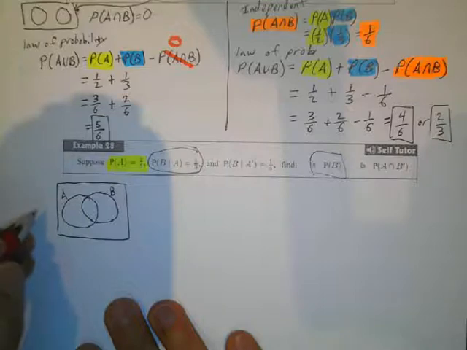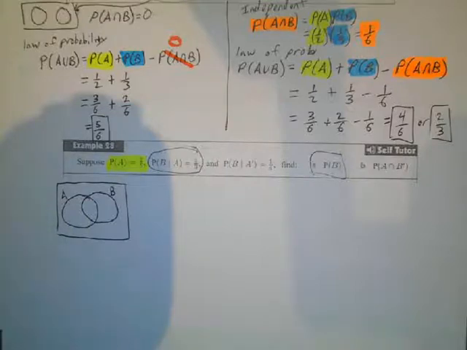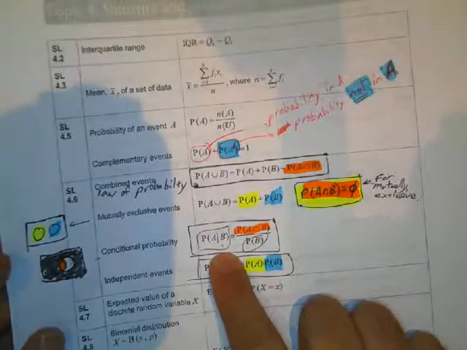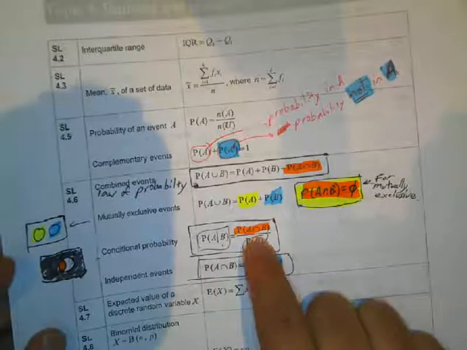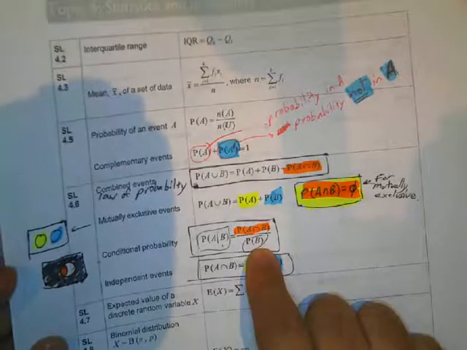So the first thing I'm going to do is I'm going to use the formula here. The probability of A given B is equal to the probability of the intersection divided by the probability of what's given.